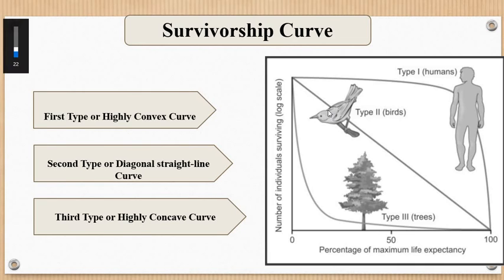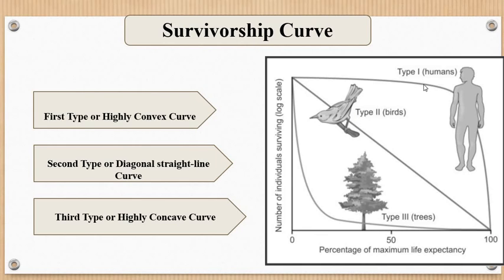And here is the second type of survivorship curve, shown by the example of birds, which is a diagonal or straight line curve. And here is the third survivorship curve, which is concave, shown by plants, right? Now let's see what these curves represent exactly, right?